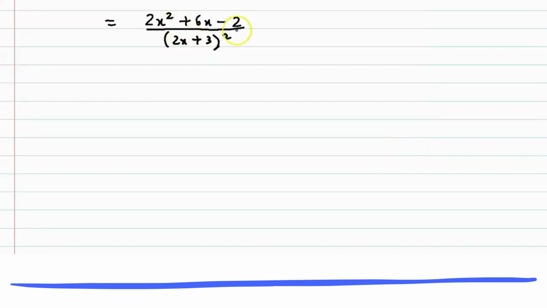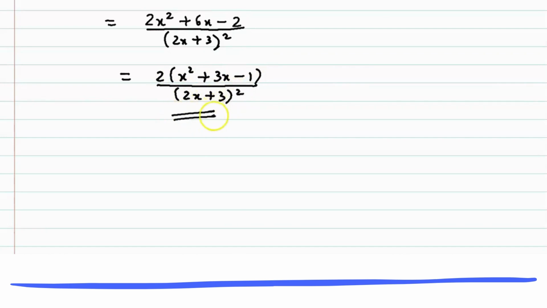So taking 2 as the common factor in the numerator, we get 2 times (x square plus 3x minus 1) divided by (2x plus 3) the whole square. So this is the value for dy by dx.